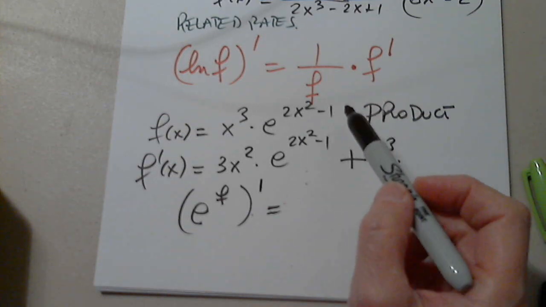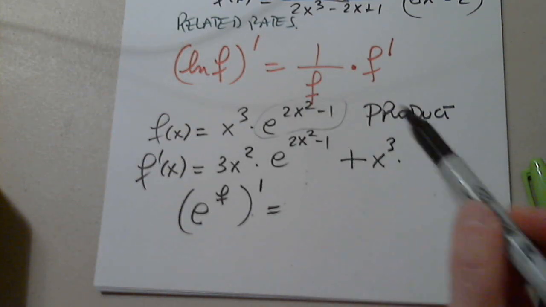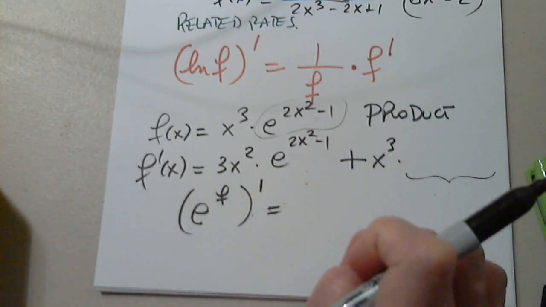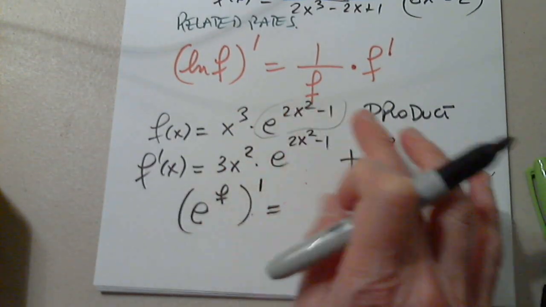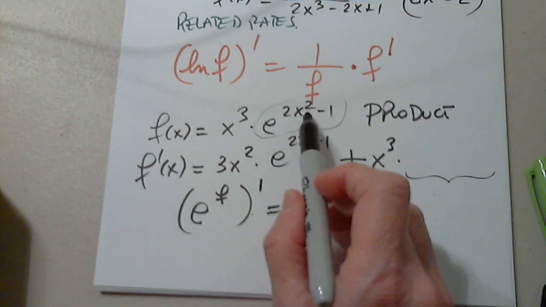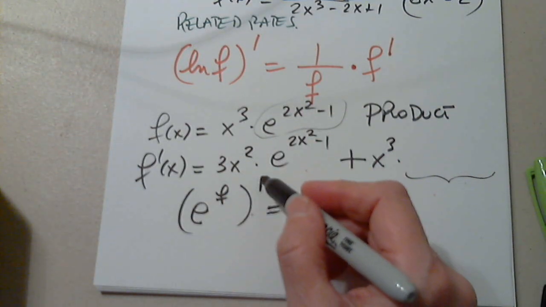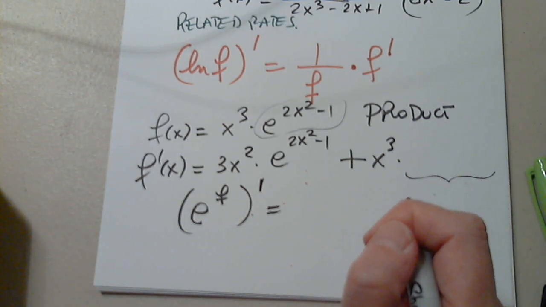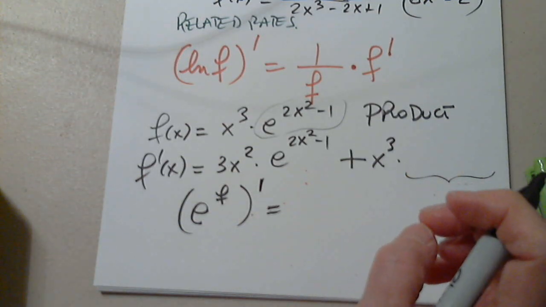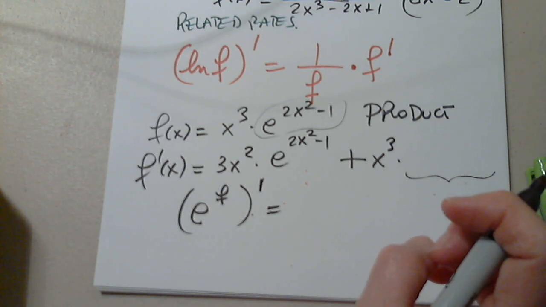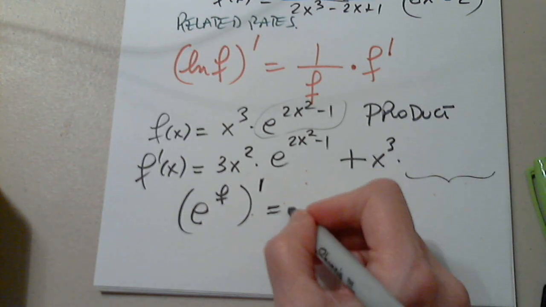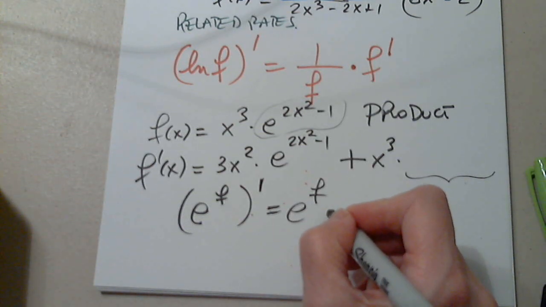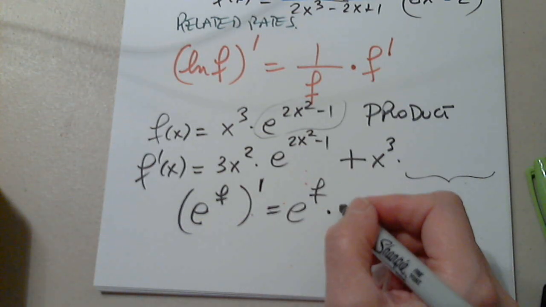I have to differentiate this and put it here: first function prime times the second function plus the first function times the second function prime. So e to a function. How do we differentiate e to a function? Is it e to the f times the inner function prime?